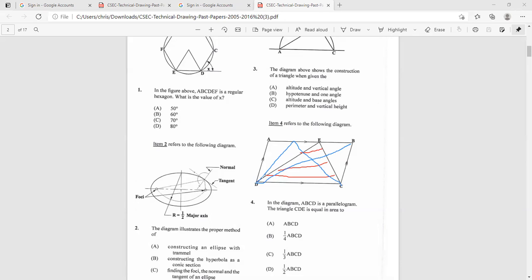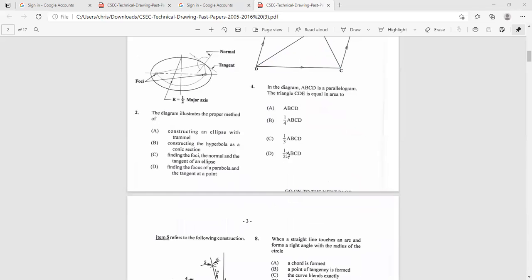Because they share the same base and the same altitude. Altitude is their height. So once a triangle shares the same base and same height, it is half the area of the figure. All right? Any question? No, sir. All right, let's move on. So the answer is anyone that says half ABCD, which is that one.